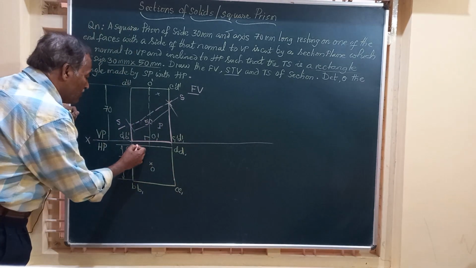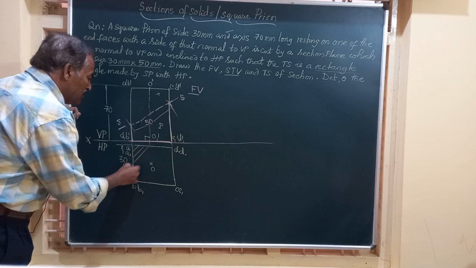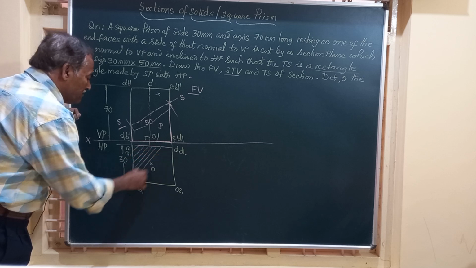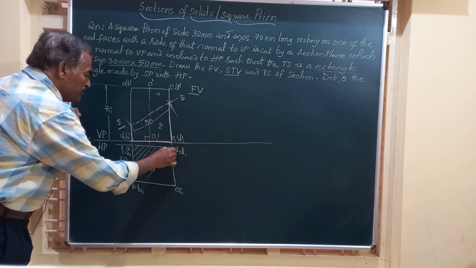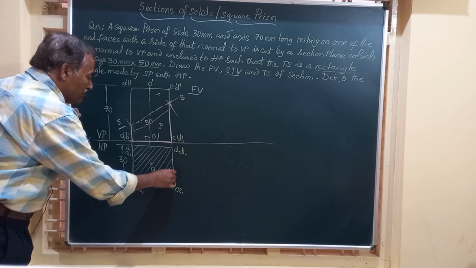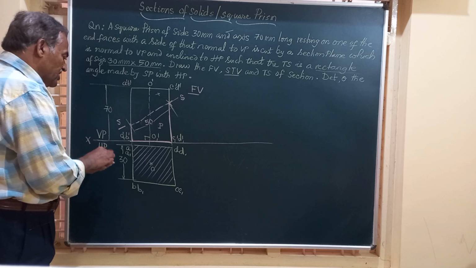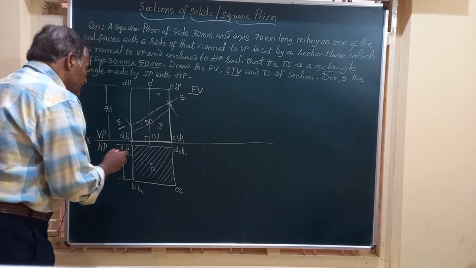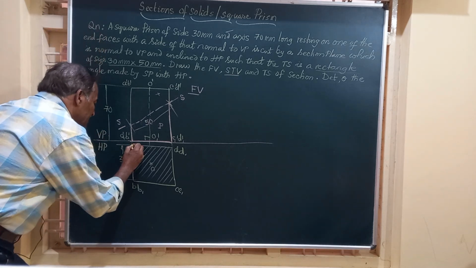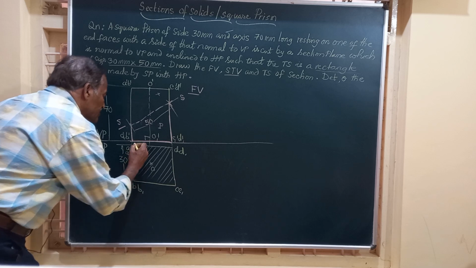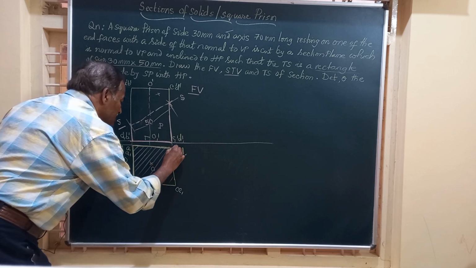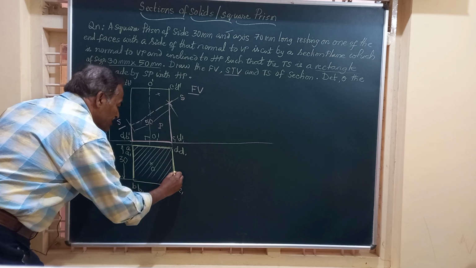So friends, I am going to add this portion, that is a square, by drawing lines at an angle of 45 degrees to the horizontal, and I am going to darken the border. So this is the portion or the sectional top view of the solid.